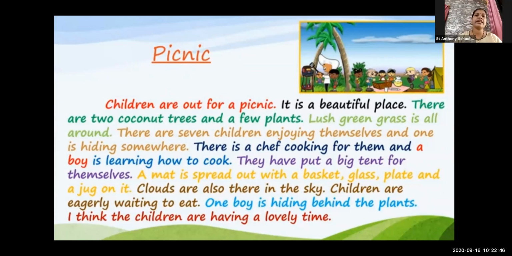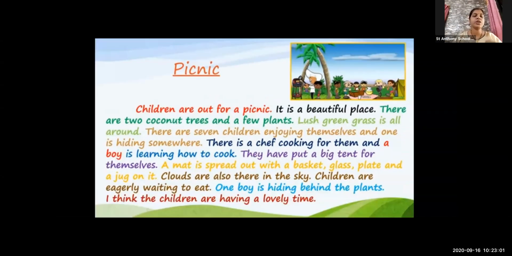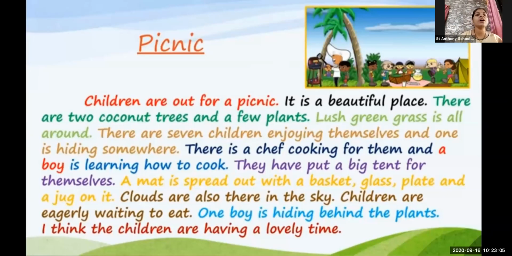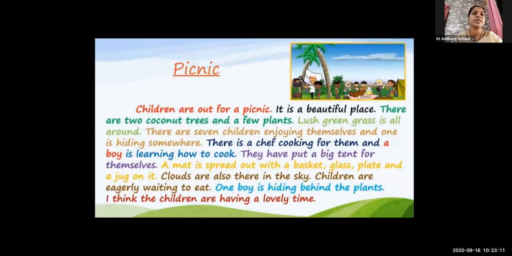One boy is hiding behind the plant. I think the children are having a lovely time. Simple. With such simple sentences, we have described it. So no need to go very deep. Observe the picture and make sentences with the help of points. Okay, this is called the picture description.